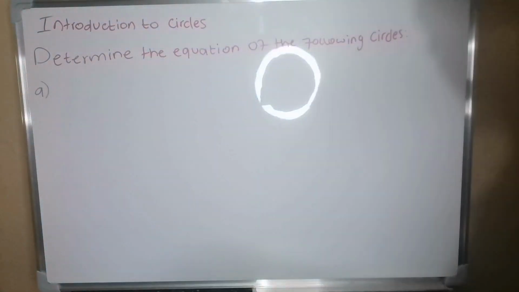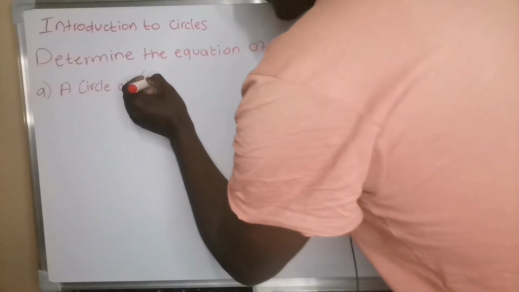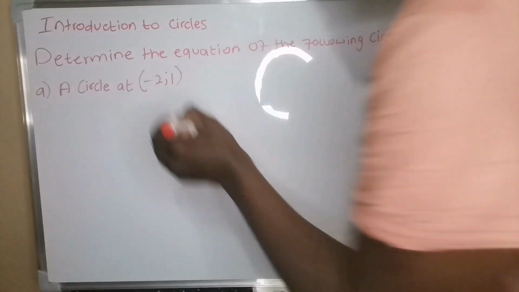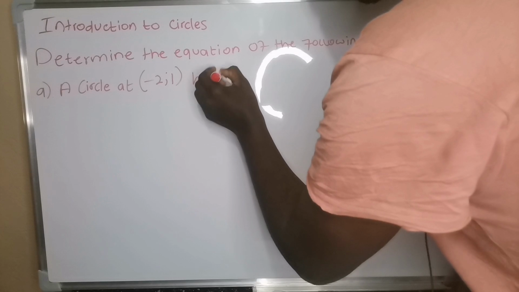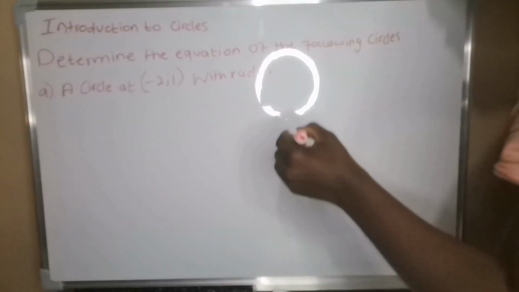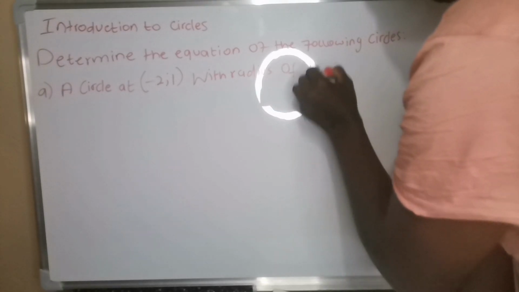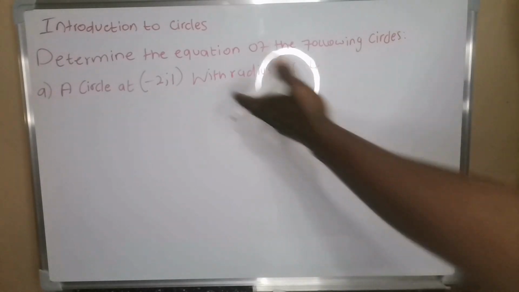Number A, we have a circle at (-2, 1). This is our center, with radius of 4. This is our r. So we need to find the equation.